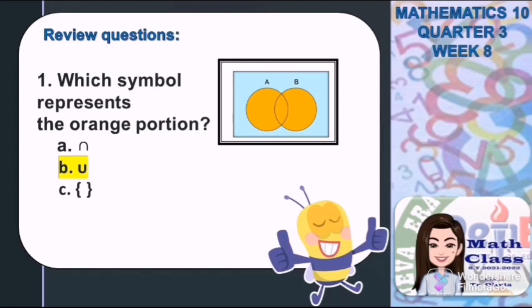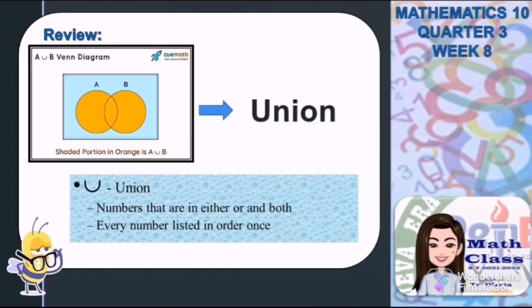The correct answer is letter B. The orange portion represents union. What do we mean by union? Union contains all elements that are present in set A and set B.